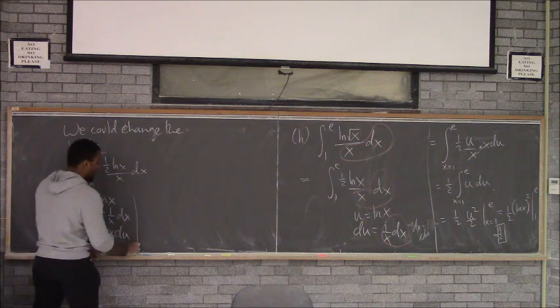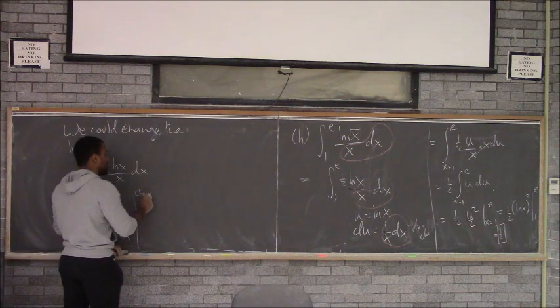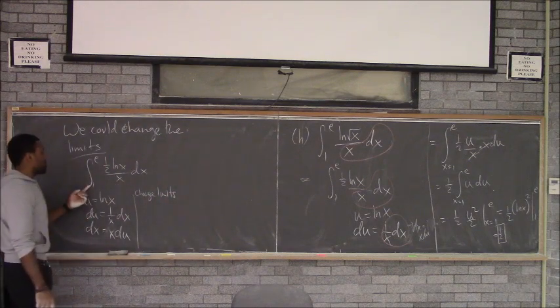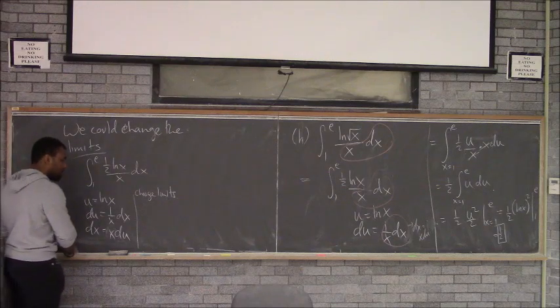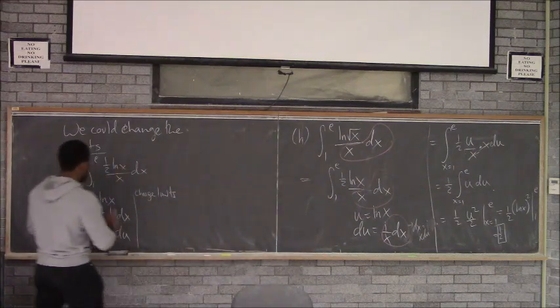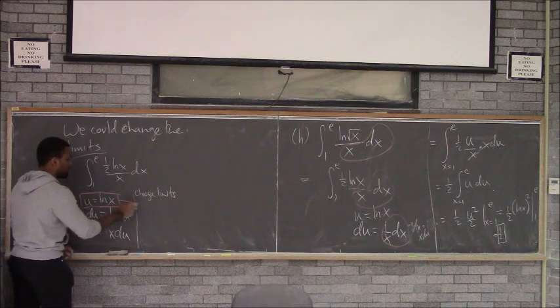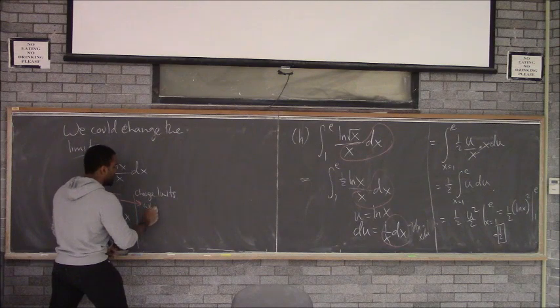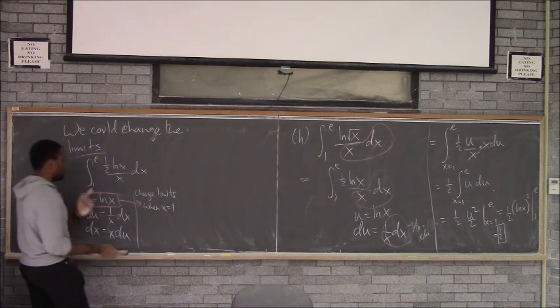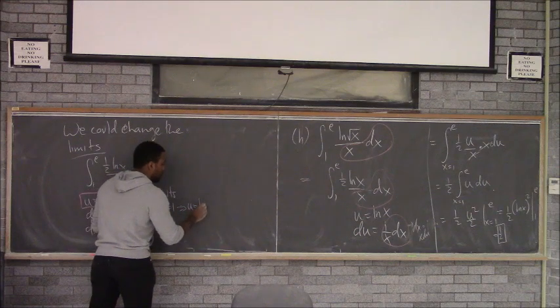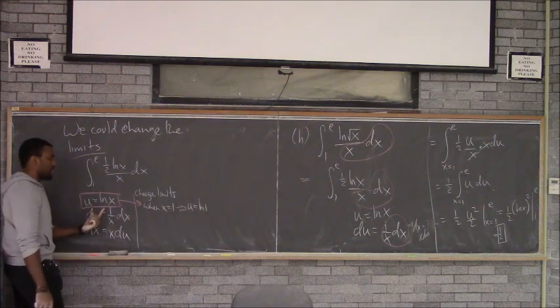But then I could change limits. So I want the limits to go from x's to u's. How do I do that? Well, you can use the same substitution equation to change the limits. So here you can say, well, when x equals 1, our u would be ln of 1, because u is ln of x.